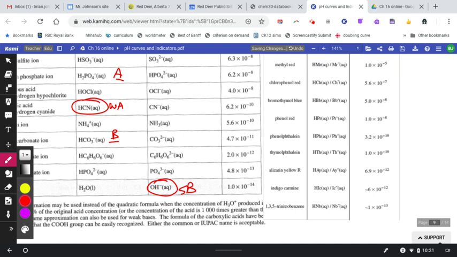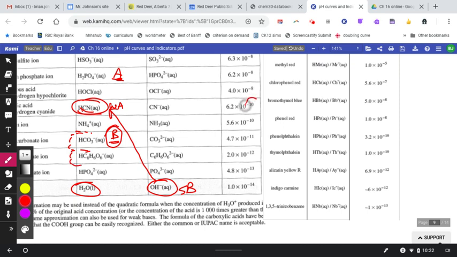Remember, the idea is our strong base should completely use up our acid and then attack the indicator next. So the indicator needs to be weaker than HCN. Is it weaker if it's in position A or B? There's water. So B. We would want an indicator that sits down in this area somewhere.